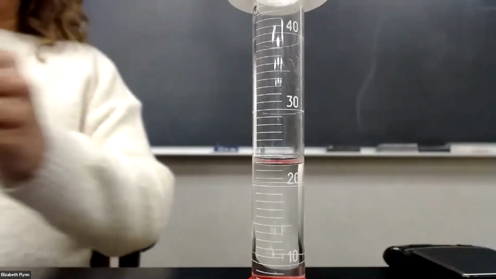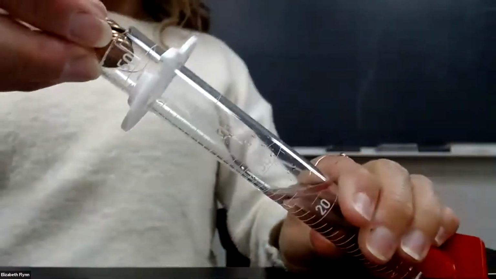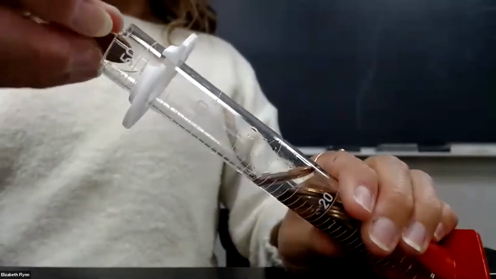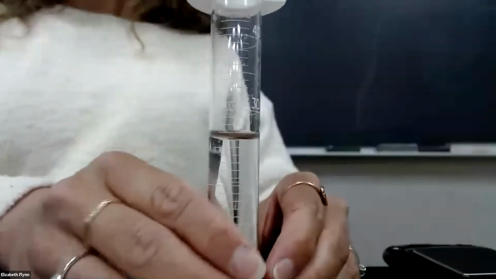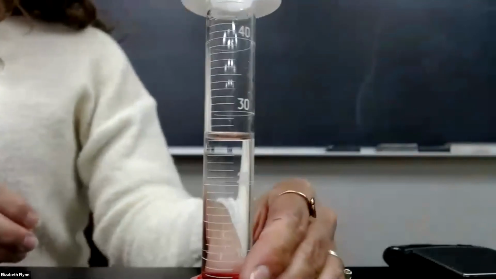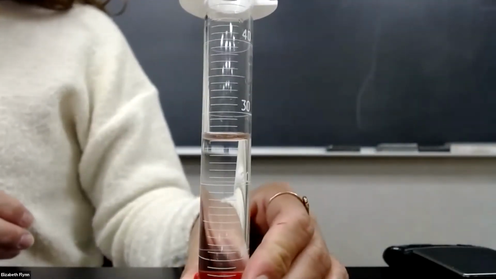But you're going to do it very gently. You're going to tilt the graduated cylinder and slide them in. Tap out any air bubbles gently. And now we're going to get the final volume of the water and then subtract. And that's how this time we're going to determine the volume of the pennies from water displacement.